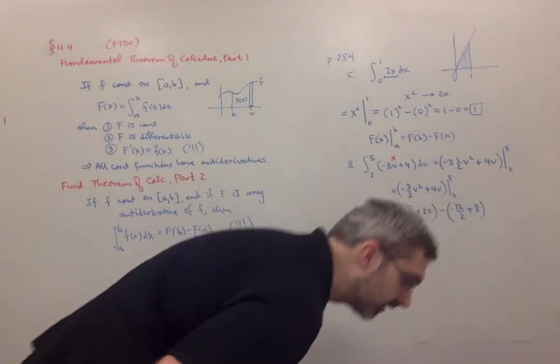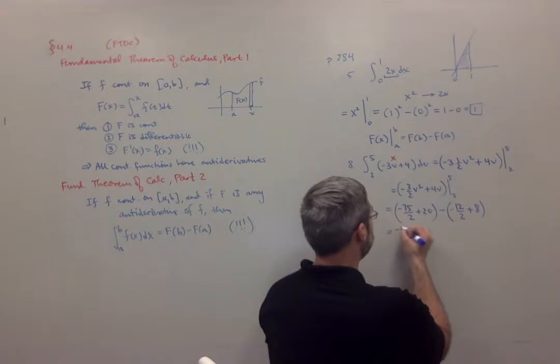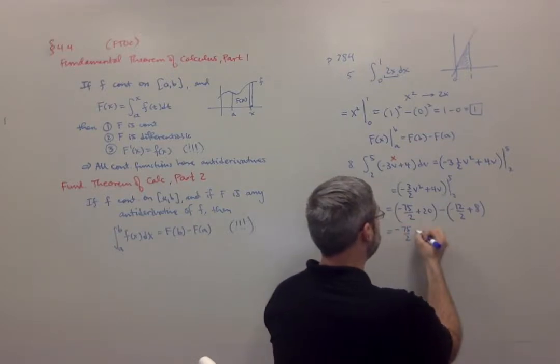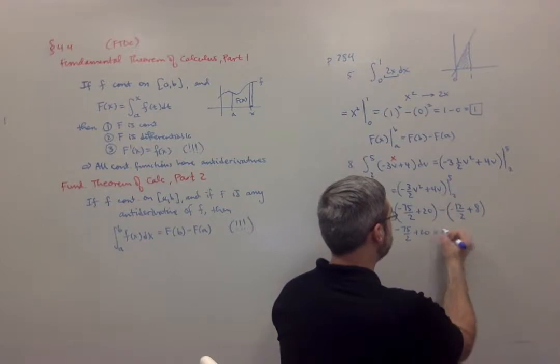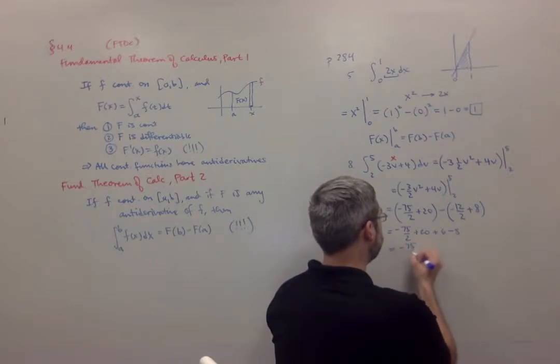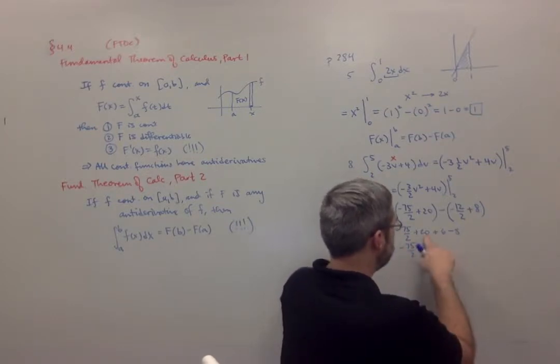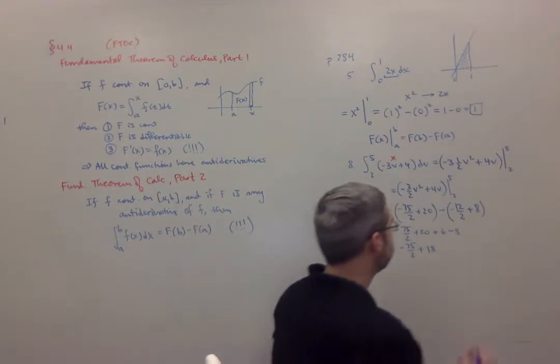Let's work this out a little bit more. So we've got negative 75/2 plus 20 minus minus is plus 6 minus 8. So negative 75/2, 26 minus 8 is going to give me 18, which is 36 over 2.